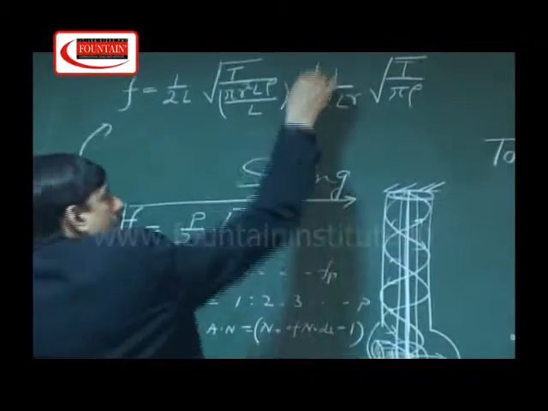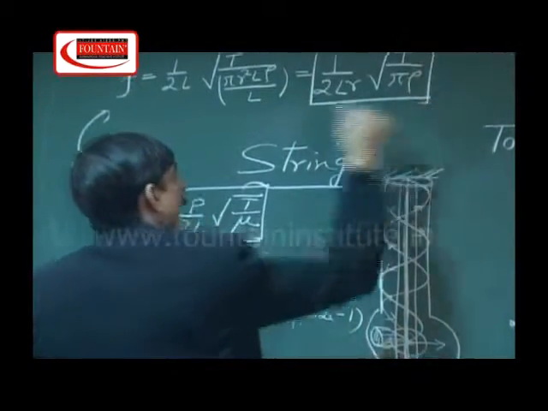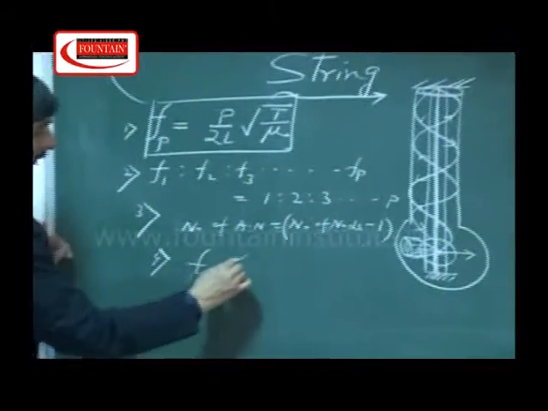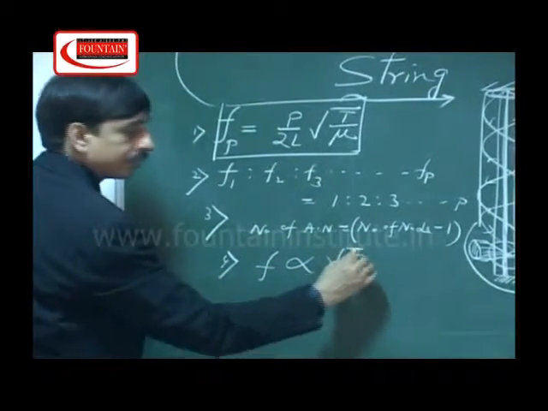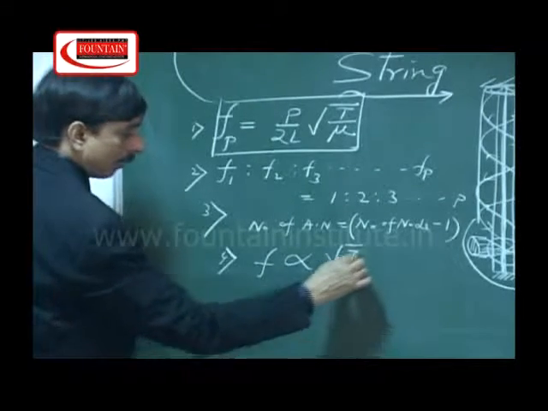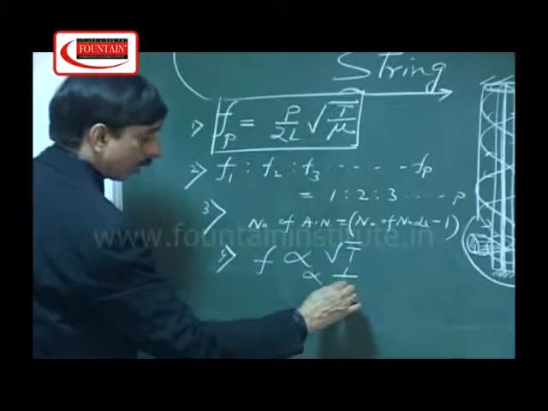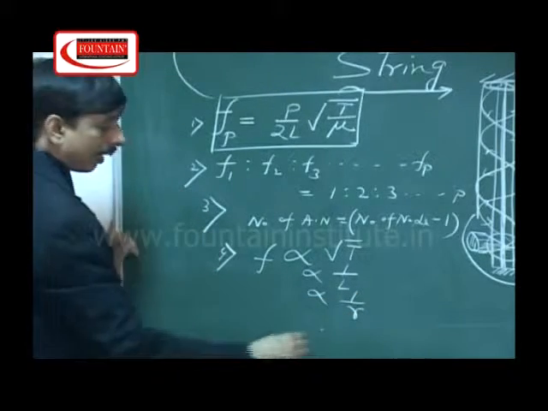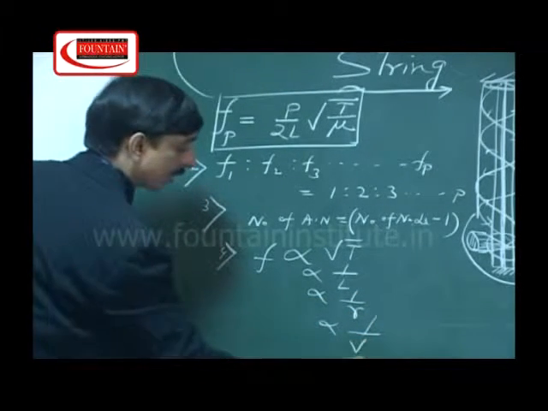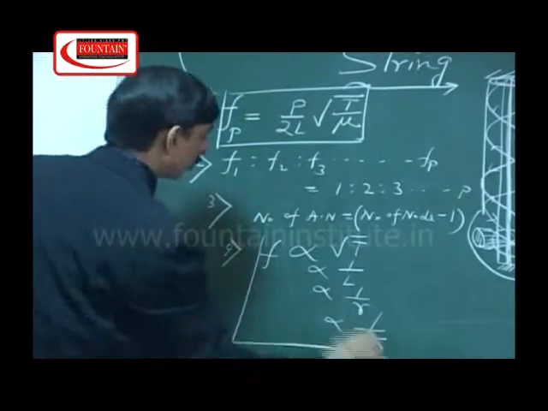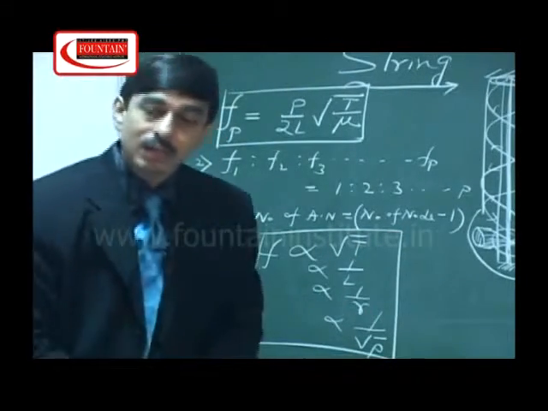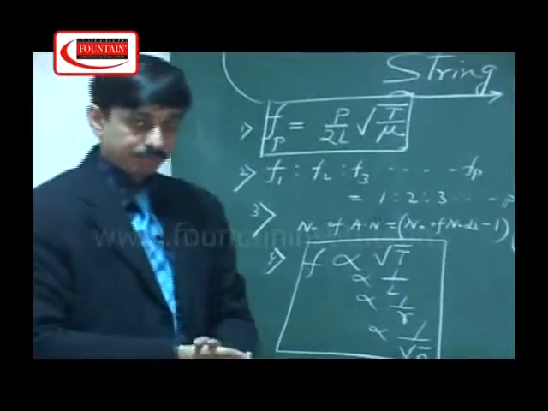So from these particular things, again we observe the frequency is directly proportional to under root of tension, inversely proportional to length, inversely proportional to radius, and inversely proportional to under root of density. This is the simplest way to get a question in your AIEEE or simple medical test.